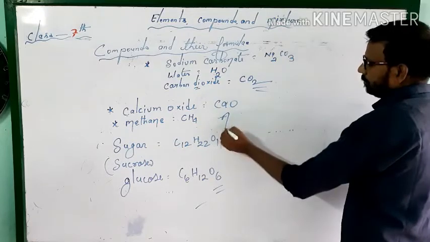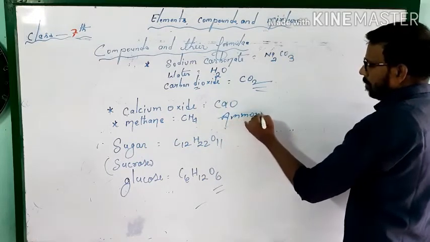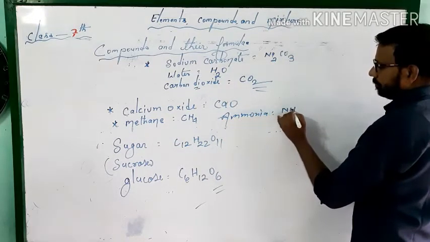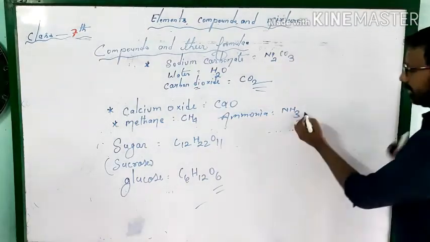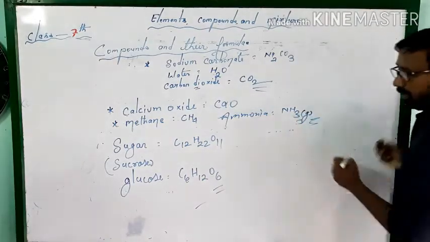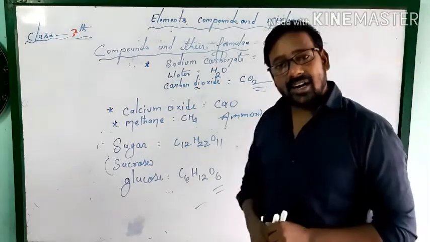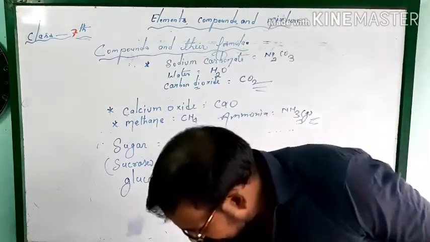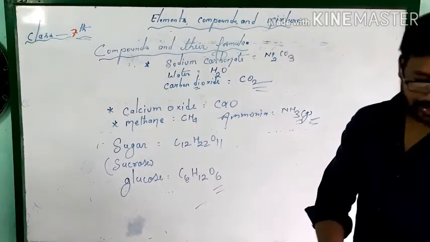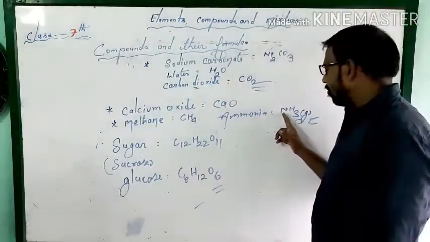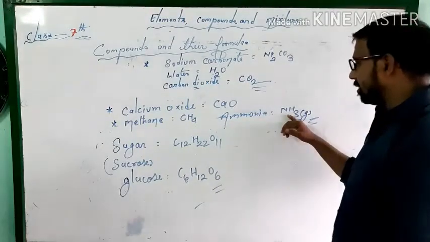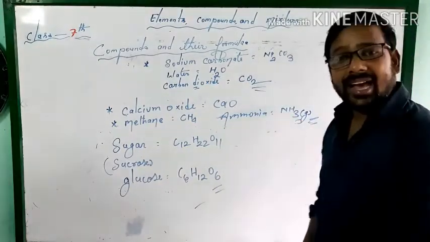NH3. It must be written in small form, and it is found in the gaseous state. That is ammonia, NH3. It is given in your book, I think. How is it formed? 1 nitrogen and 3 hydrogen combine to form ammonia gas.